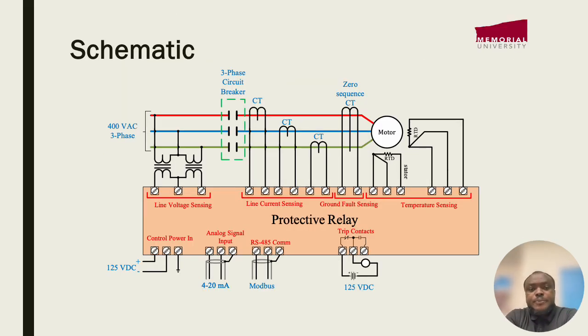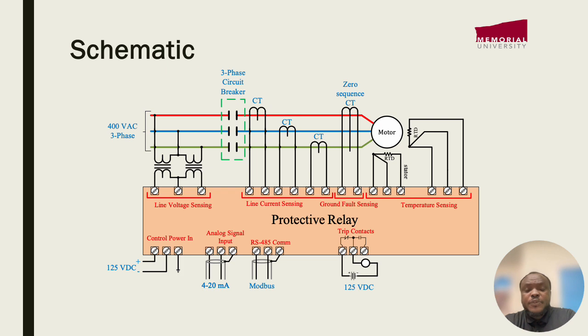On the schematic for the protective relay, our relay has voltage sensing, current sensing, ground fault sensing, and temperature sensing abilities, where whenever there is an overcurrent or undercurrent, the relay senses this fault.